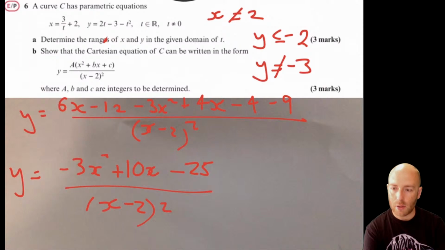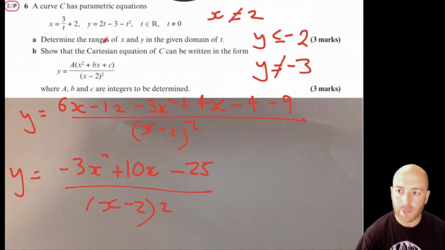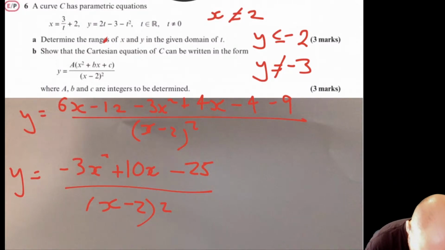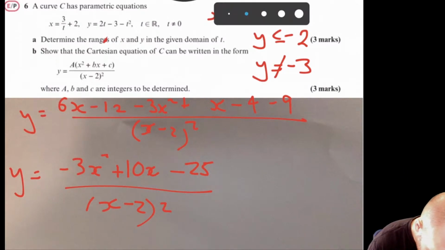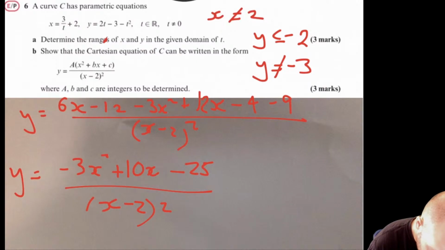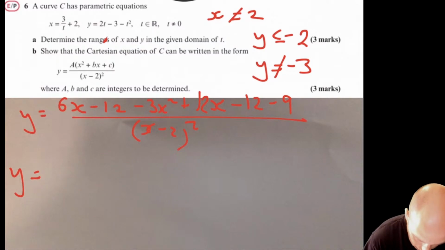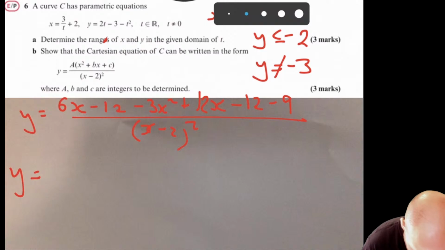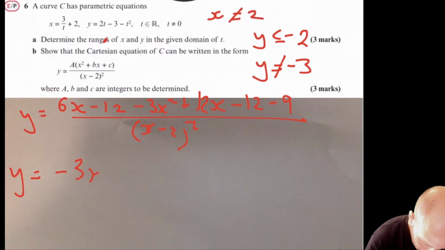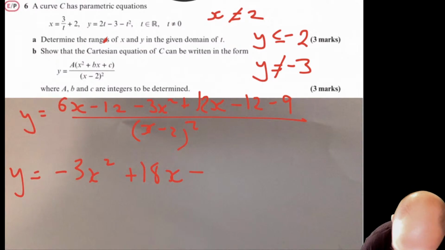Yeah, I didn't times those terms by 3, did I? Cool. So I believe that should be a 12, and that should be a 12 there as well. So this will be minus 3x squared plus 18x minus, what's that, 12, 12 and 9.